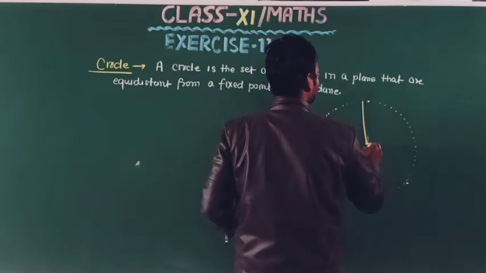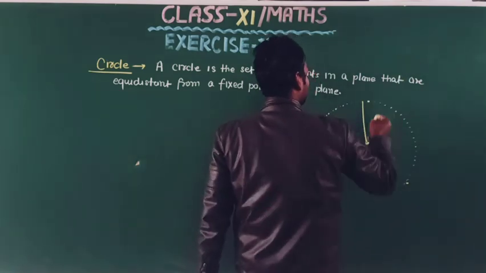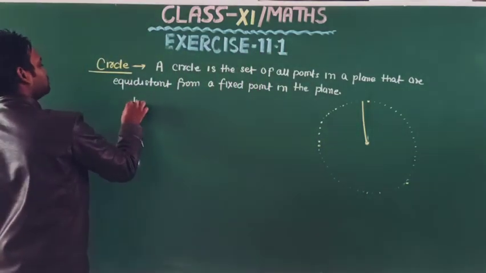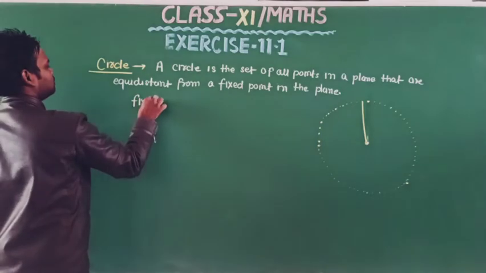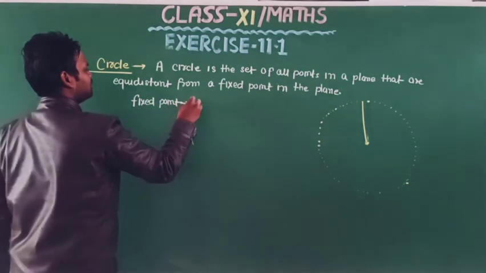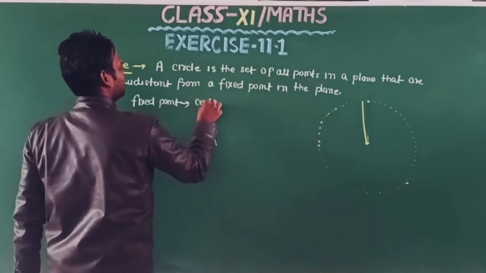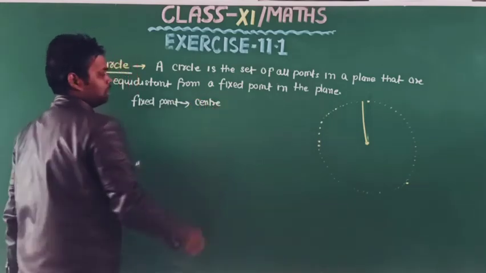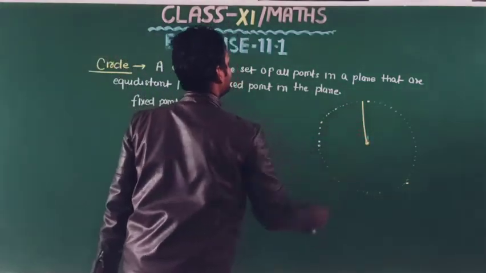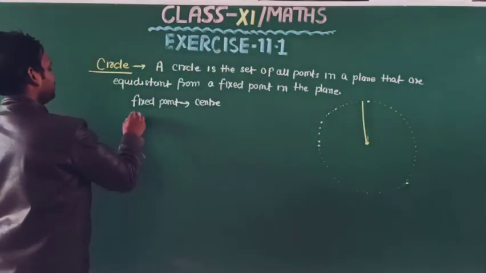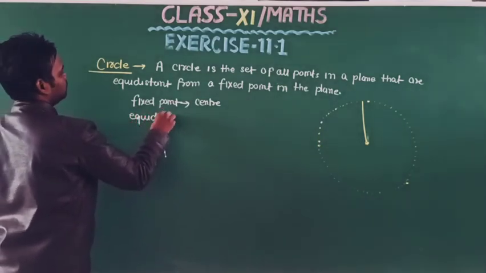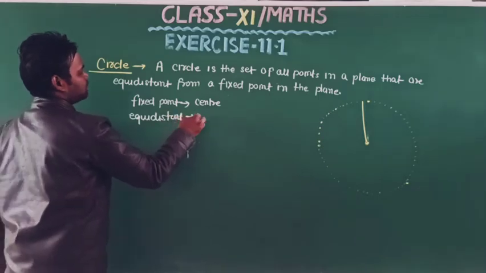So here the fixed point is called the center of the circle, and the equidistance is called the radius.